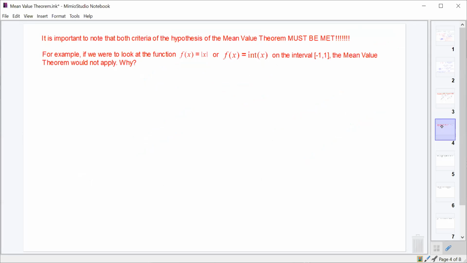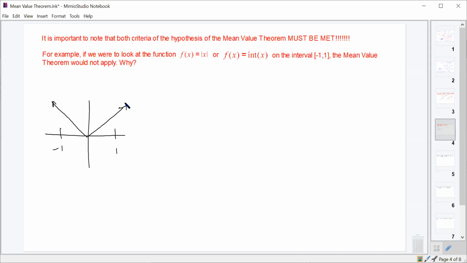So if we think about a function, for example, something like absolute value of x, right? That's absolute value of x, approximately, right? And let's say we were talking about the interval from -1 to 1. Well, is this function continuous on that interval? Yes. Is it differentiable on that interval? You can't differentiate it at x equals 0. Right, we cannot differentiate it at x equals 0. There's a corner there, no derivative there, derivative doesn't exist.